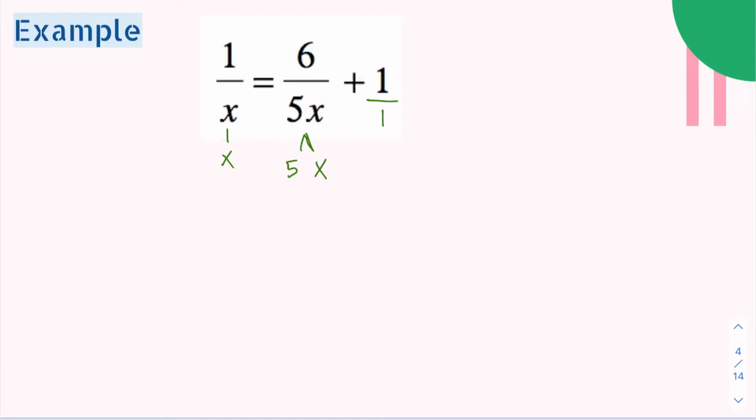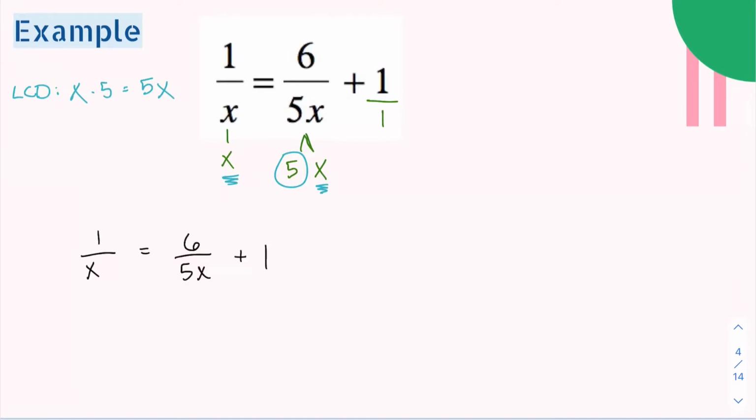So when I'm thinking about my LCD, I'm going to take what they have in common once. I don't want to double count anything. So I just need 1x, and then whatever's left over, in this case, that's 5. So my LCD is going to be 5x.